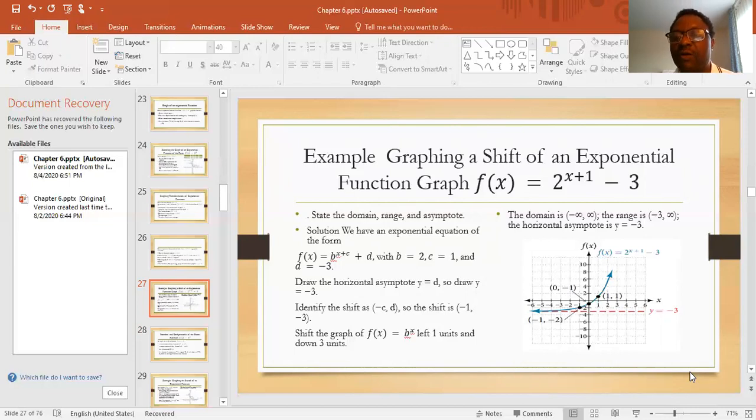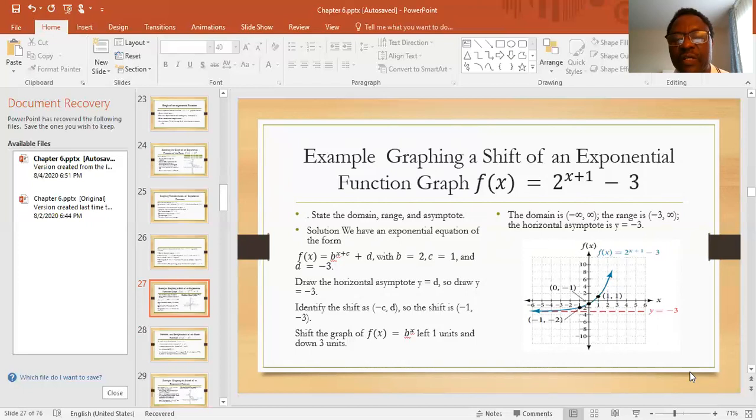And then we are going to shift the y-intercept to the left, at the level of (-1, 0). So identify the shift as (-c, d). So the shift is (-1, -3).